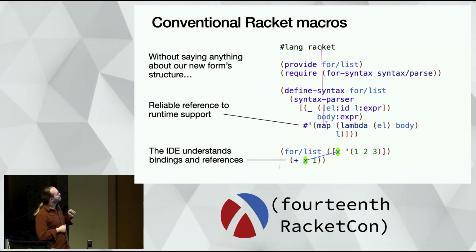And also, the macro expander understands enough about the binding structure in order to provide us what's called macro hygiene, which is making sure that, for example, our reference to the map function reliably refers to the map from core Racket, even if this macro were to be expanded in a context where map meant something else. So the important point here is that both the macro expander and the IDE are understanding some important things about the structure of the syntax that we define, based on how we expand it.